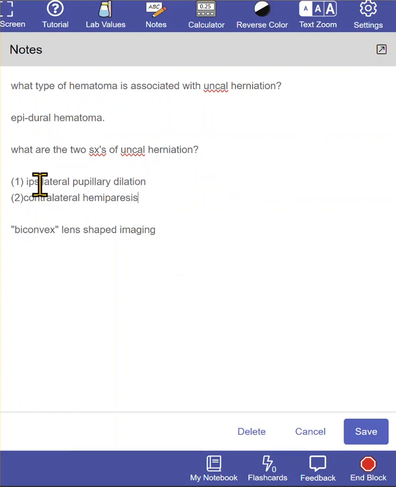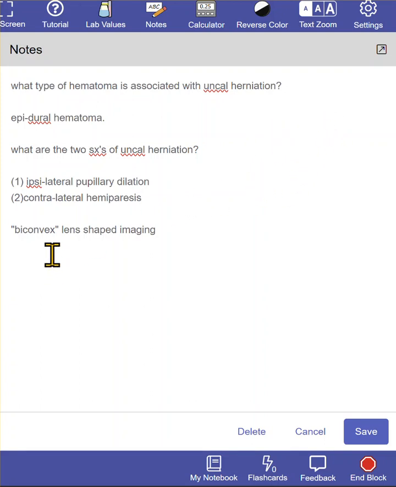You have ipsilateral pupillary dilatation, and you have contralateral hemiparesis. On the opposite side, you're going to be paretic, meaning you're not going to be able to move. And on the same side, you're going to have dilatation of the pupil.